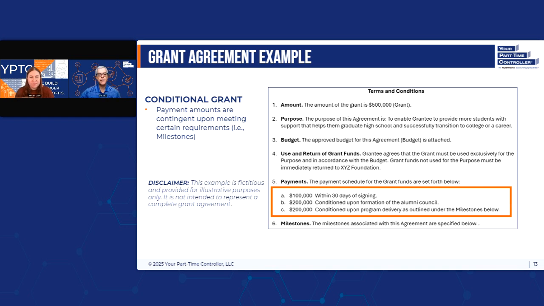So $200,000 is conditioned upon the formation of the Alumni Council, and $200,000 is conditioned upon meeting the program delivery milestones. So these two amounts are conditional because the grantee must meet these requirements before they're entitled to receive or keep the grant funds. But notice that there is no barrier tied to the receipt of the initial $100,000.